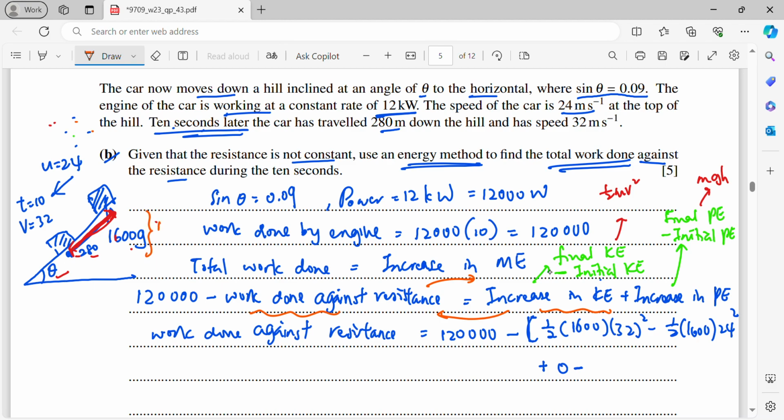Then I will be getting m is 1600, g is 10, then the h is 280 sine theta, because it's like a triangle, here is your theta. Alright, then remember to close the bracket.